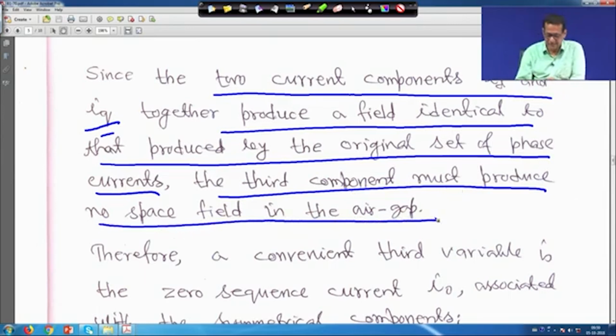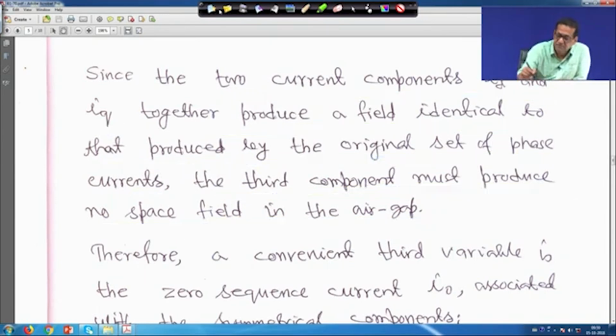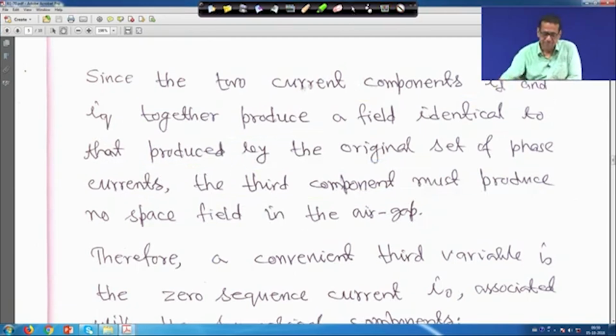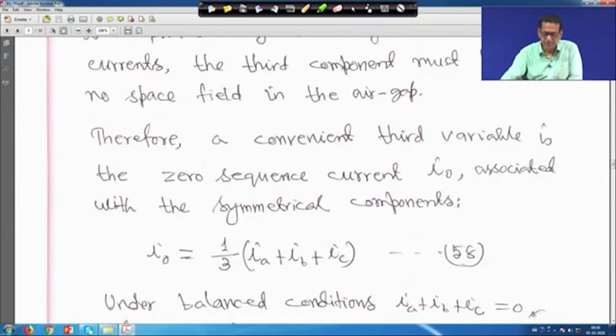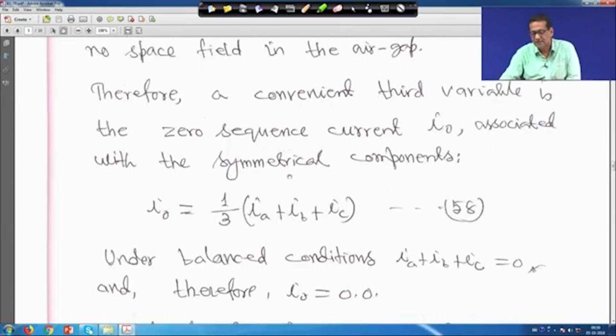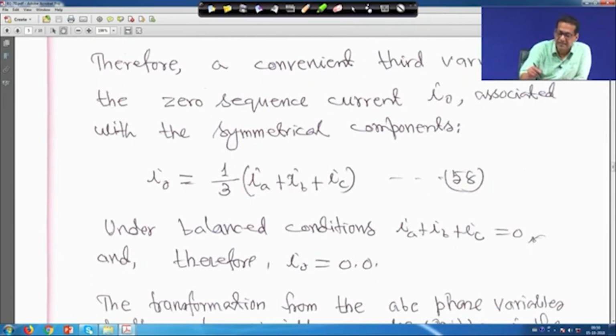So a convenient third variable is the zero sequence current.